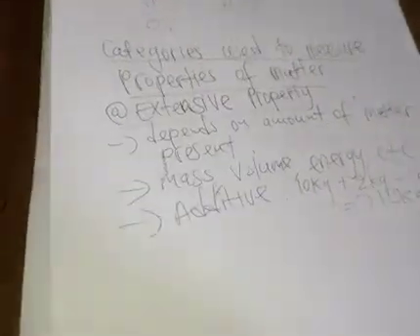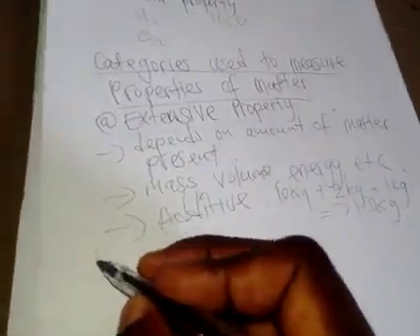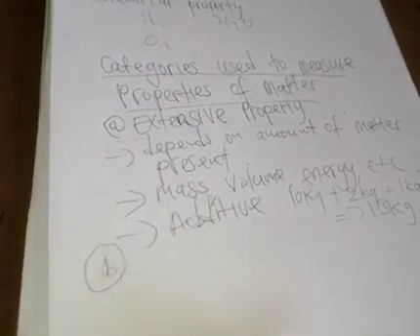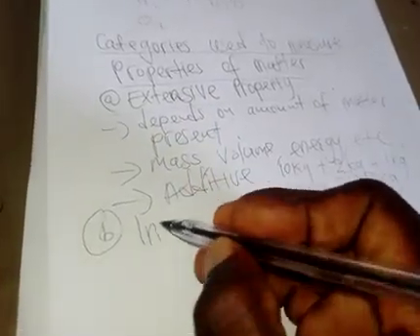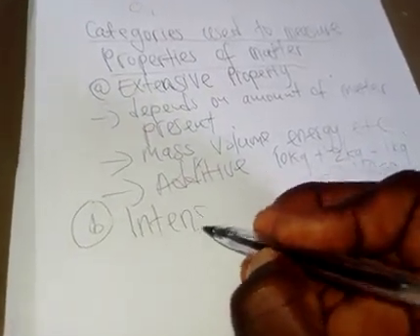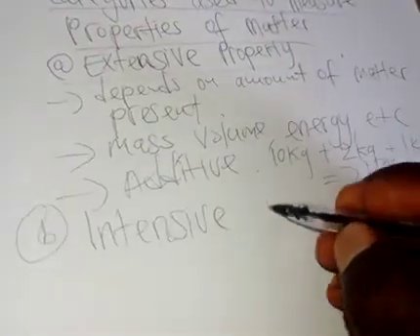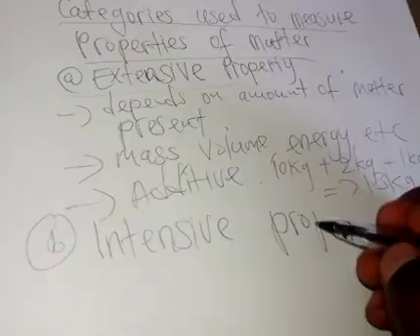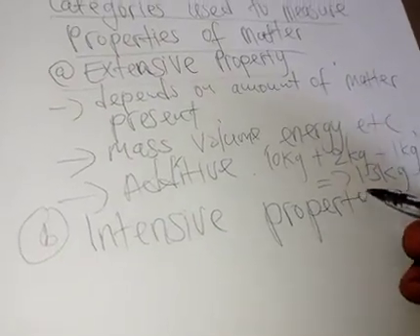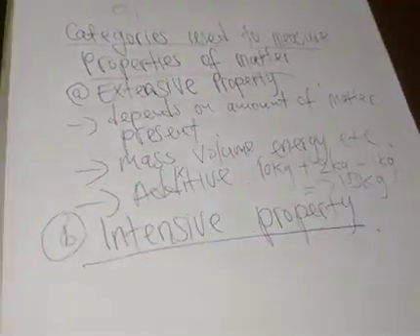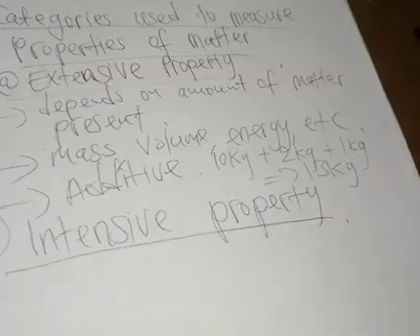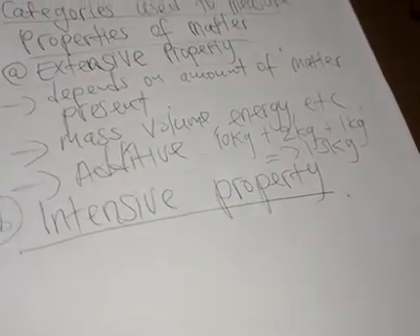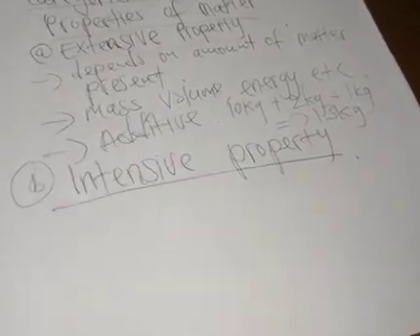So let's talk about the other properties so that we can differentiate them well. The other property is called an intensive property of matter. Extensive properties simply depend on the amount of matter present or amount of matter being considered.